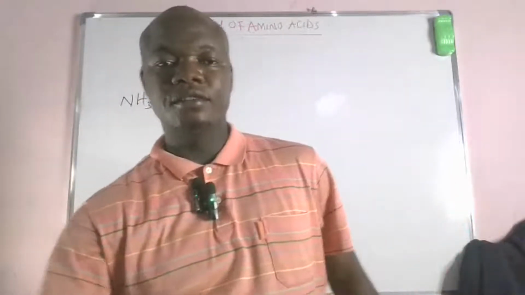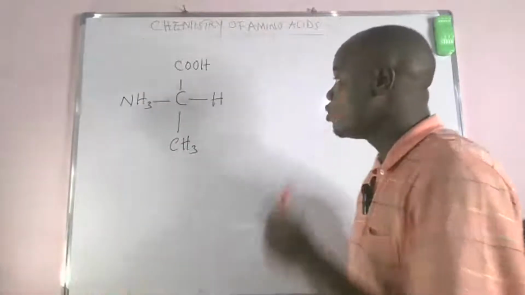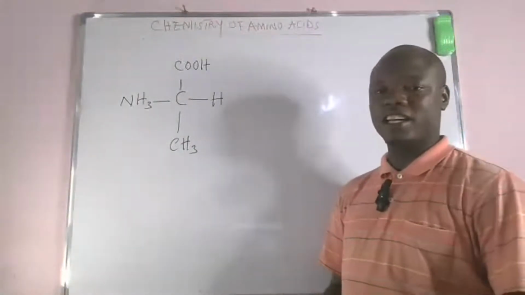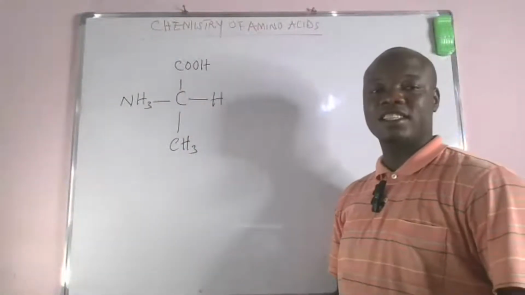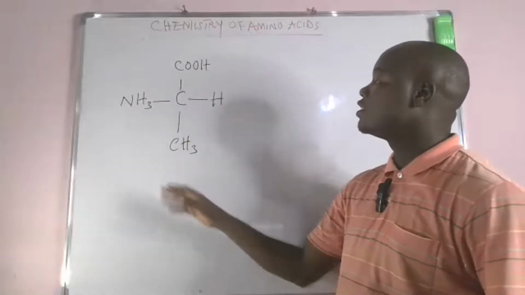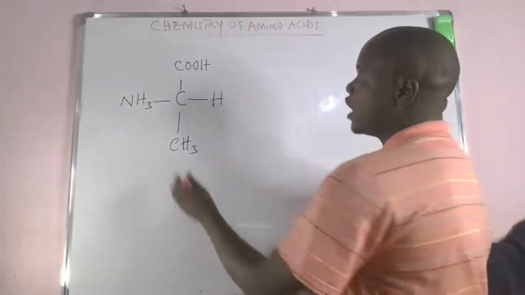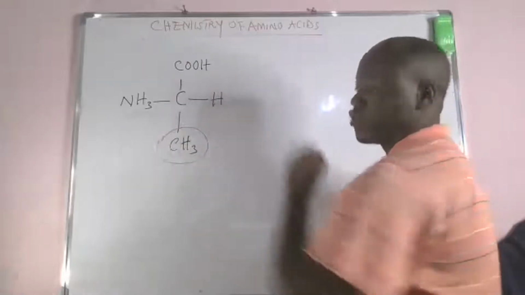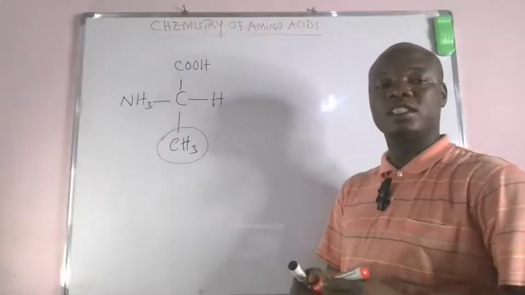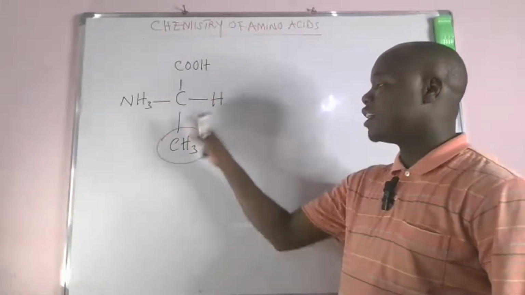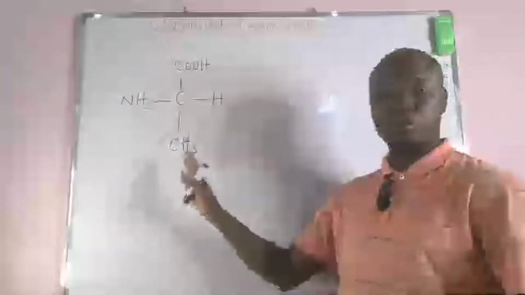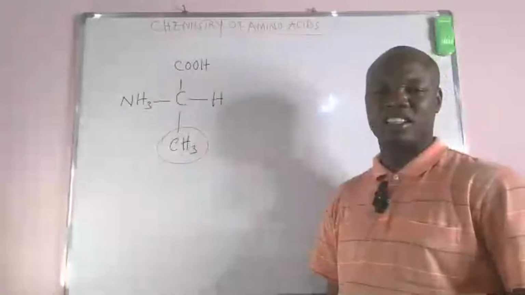Okay, so ladies and gentlemen, if you can see, from the last class, which amino acid is this? By looking at this, in the side chain, we have CH3. What is the name of this amino acid?